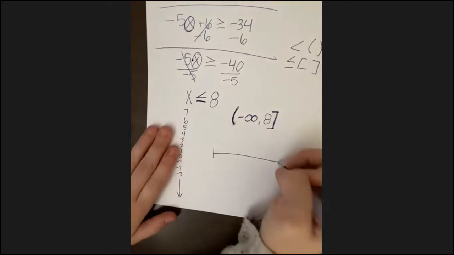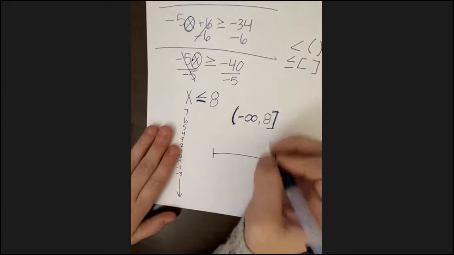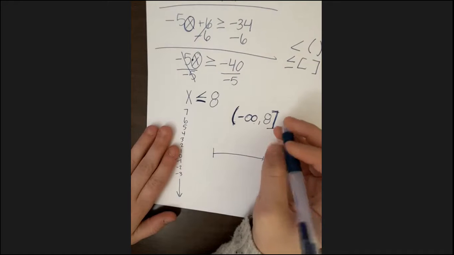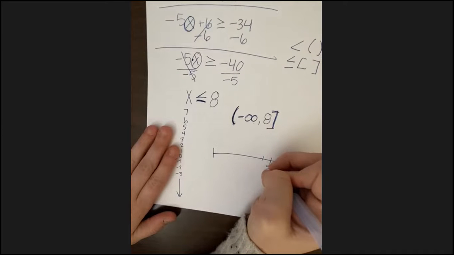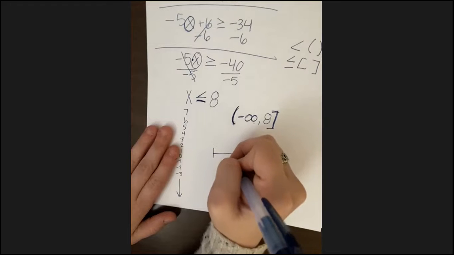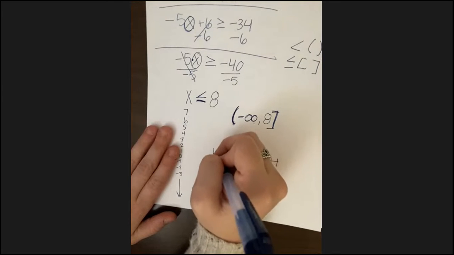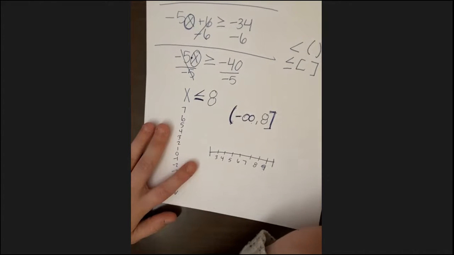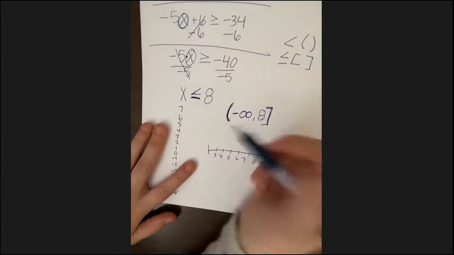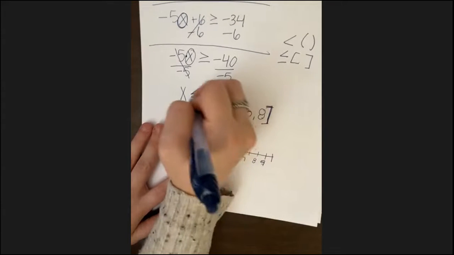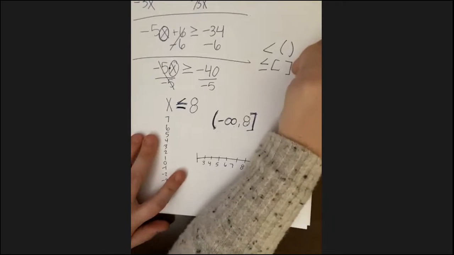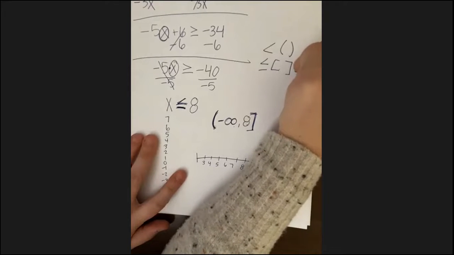And then say we had a number line. Here's my number line. 8 is the magic number, right? And again, it's less than or equal to, and with this, it's also a closed dot.